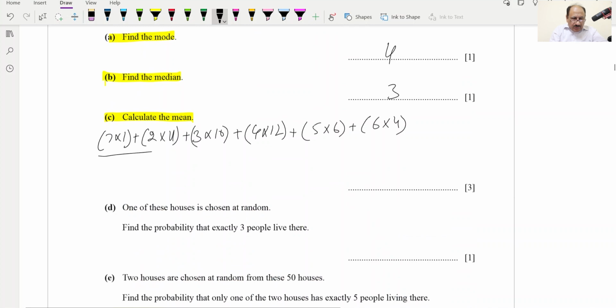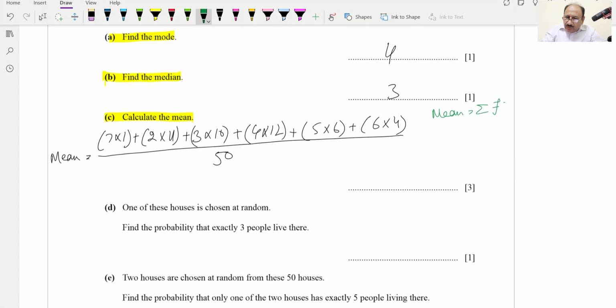The formula we are using is mean equals sigma fx over sigma f.